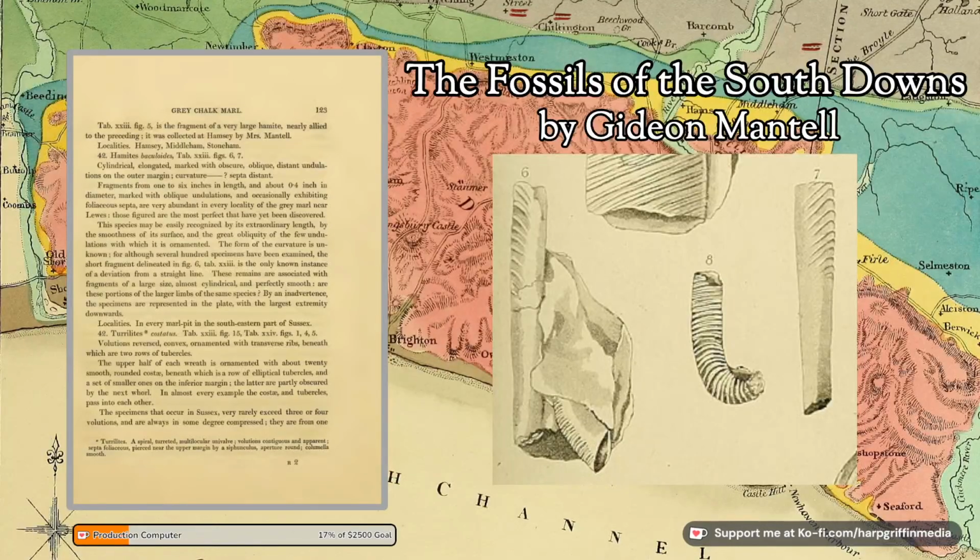These remains are associated with fragments of a large size, almost cylindrical, and perfectly smooth. Are these portions of the larger limbs of the same species? By an inadvertence, the specimens are represented in the plate with the largest extremity downwards. Localities: in every marl pit in the southeastern part of Sussex.